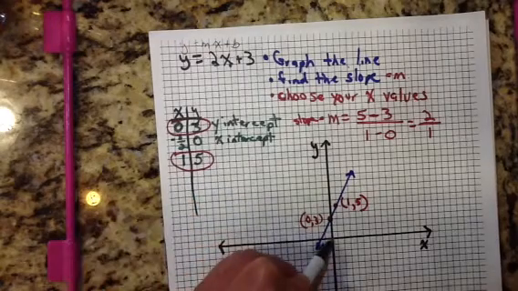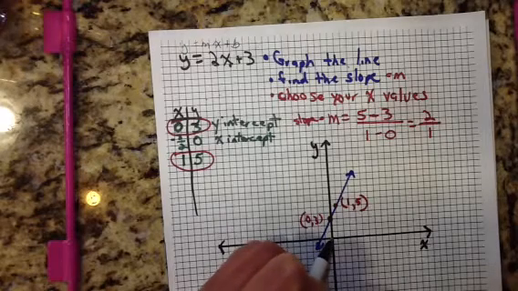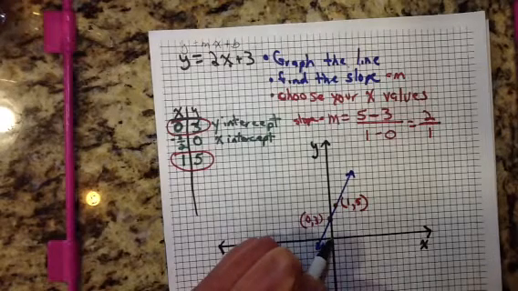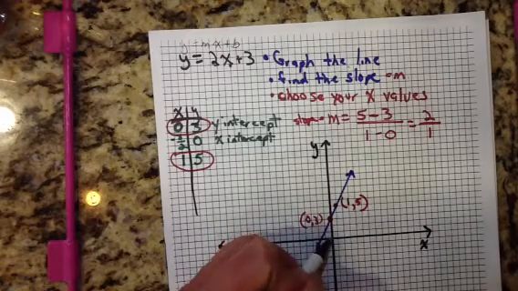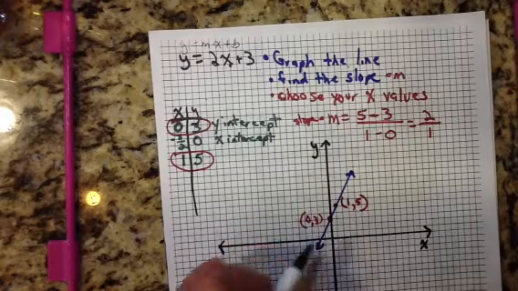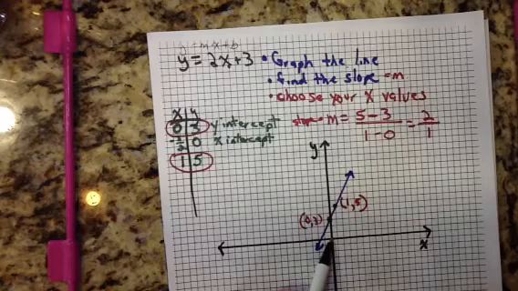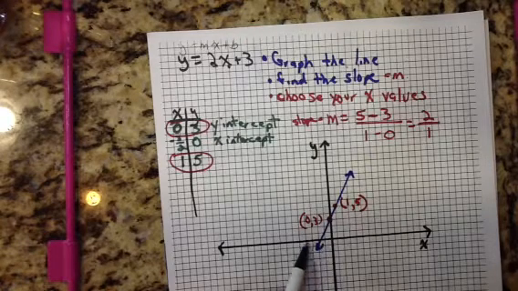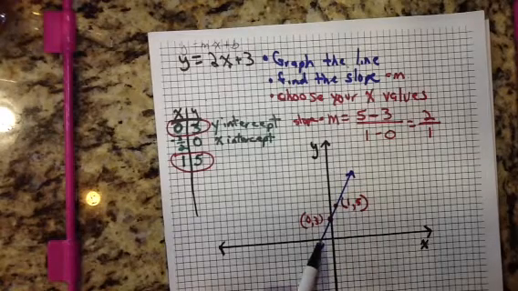Because notice, for it to cross the y-axis, this is your origin, x is 0 at the origin, and so anywhere up here on this axis, x is going to be 0. And then along your x-axis, y goes up and down, and right here at the origin, y is also 0. So anywhere along your x-axis where it crosses, y is going to be 0.